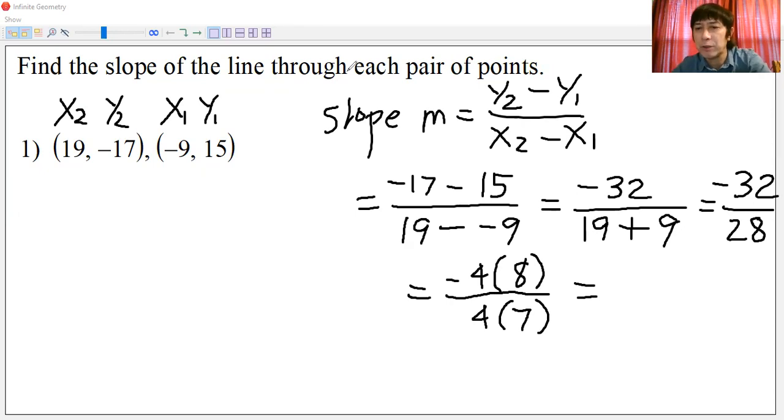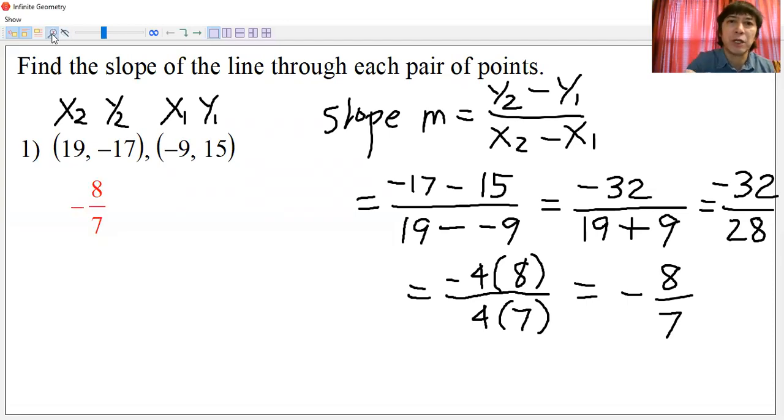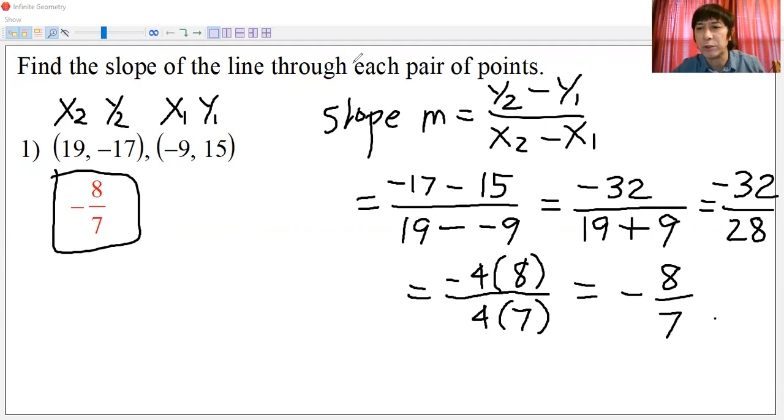And the final answer is negative 8 over 7. There. And we shall be able to verify our answer. We shall check. So you can see the answer over here. And that's a negative 8 over 7, which is similar to our answer. That means this is the right slope.